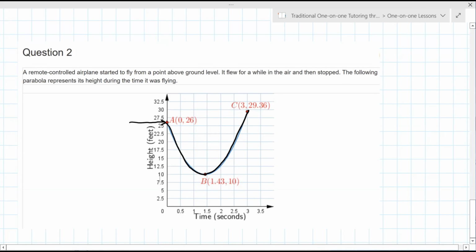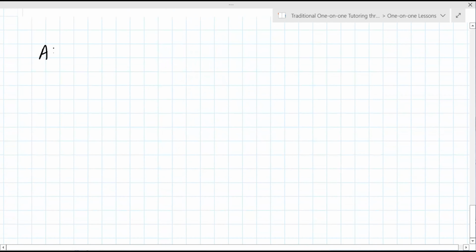So in terms of what's going on at point A, there are really two things going on here. The y coordinate at point A represents where it started, the height that it started at. So let me snip that in here. At A, the y coordinate is the following.